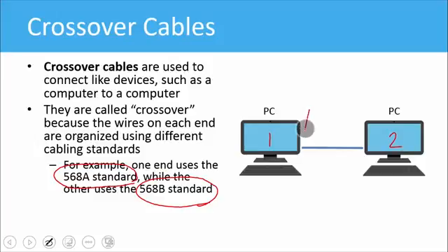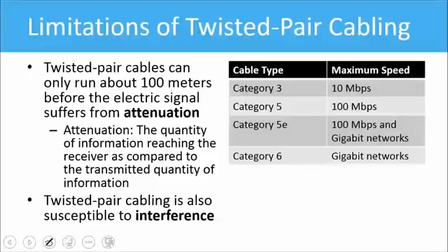Let's say that this Ethernet cable is terminated with the 568A standard, and then PC2 is terminated with the B standard. Okay, we would use crossover cables to connect two like devices, like a computer to a computer. All right, so let's go ahead and move on back to the slideshow.